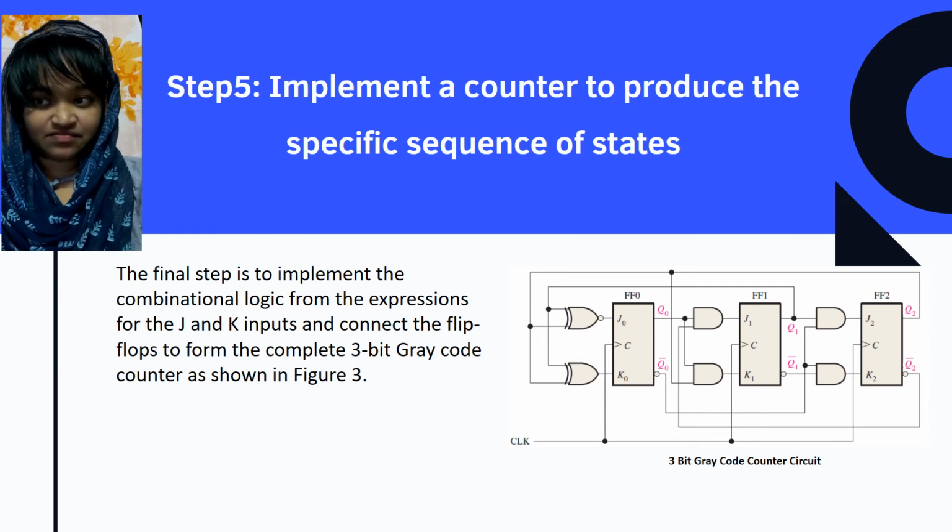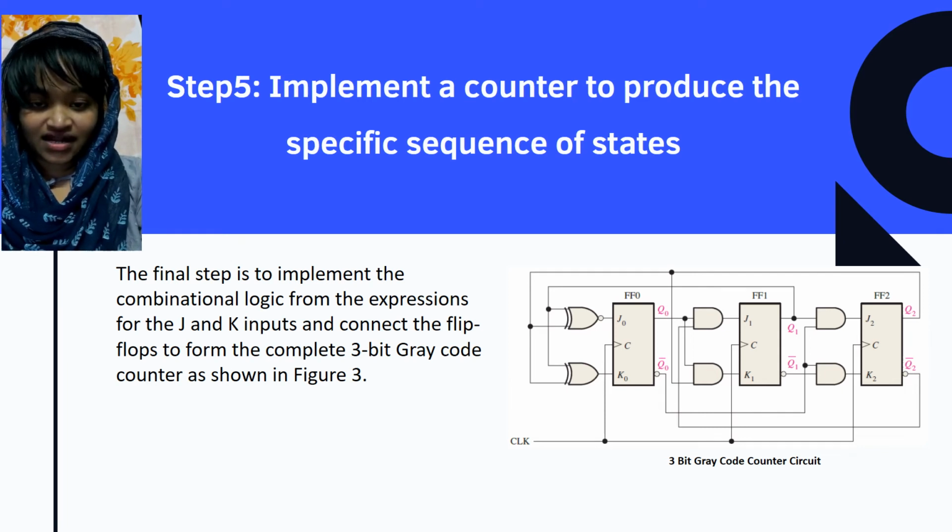The final step is to implement the combinational logic from the expressions for the J and K inputs and connect the flip-flops to form the complete 3-bit Gray code counter as shown in figure 3. We used NAND gates and XOR gates.